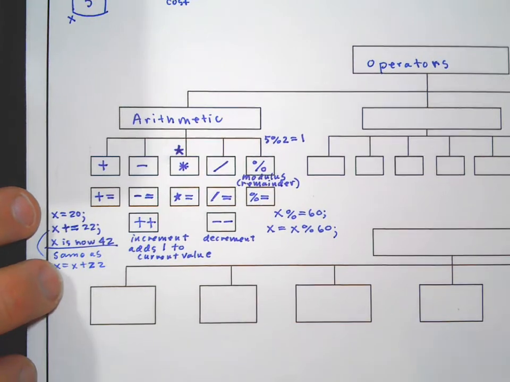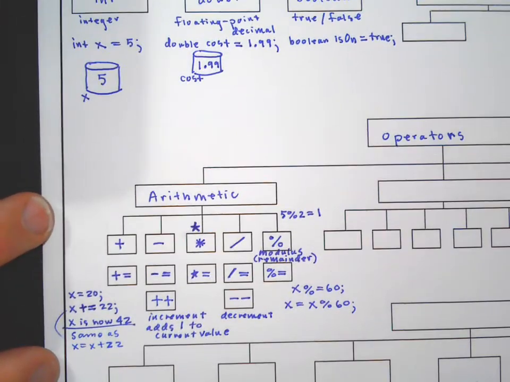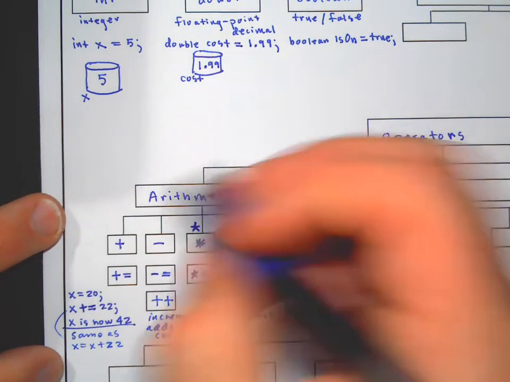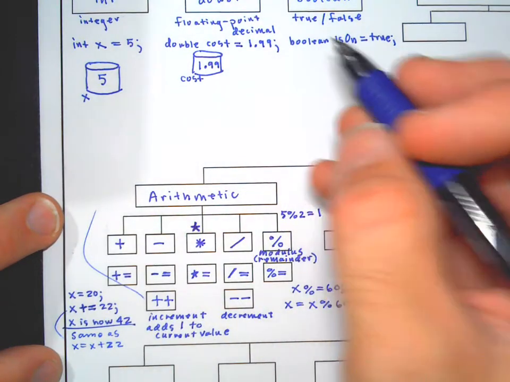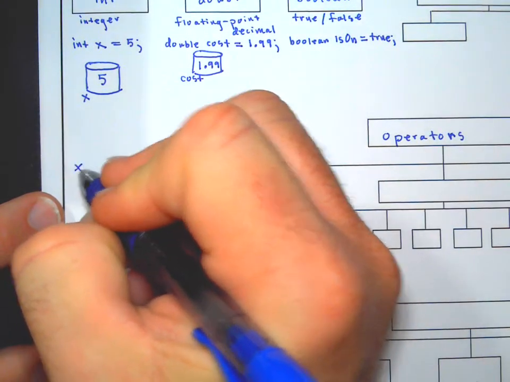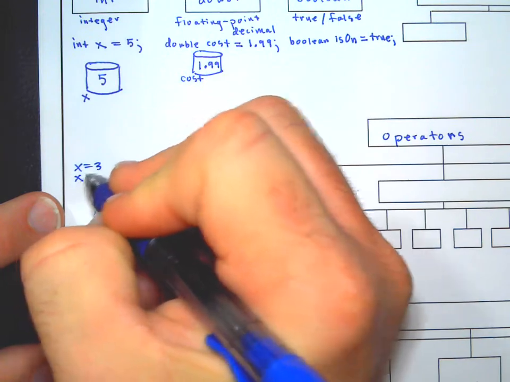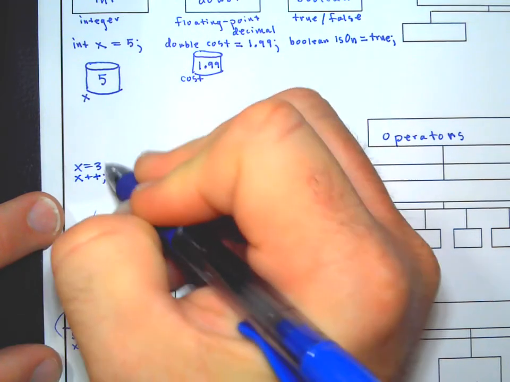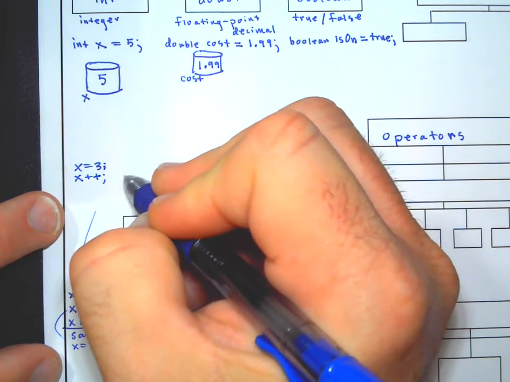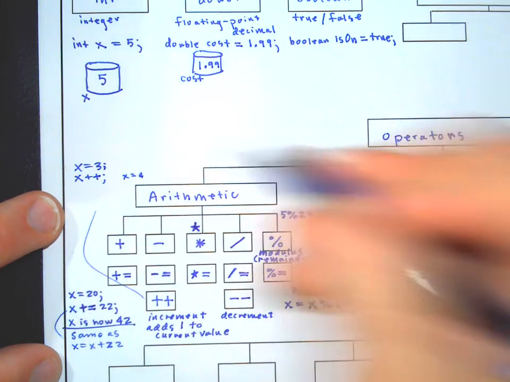So just as an example, I could write a little example up here for the increment thing. Let's say x equals 3. If you do x plus plus, now x is 4. Okay.